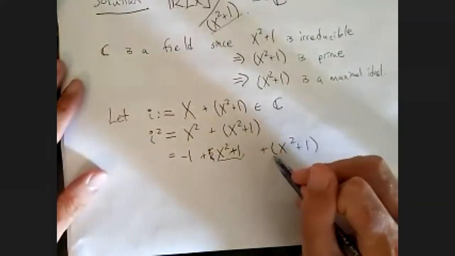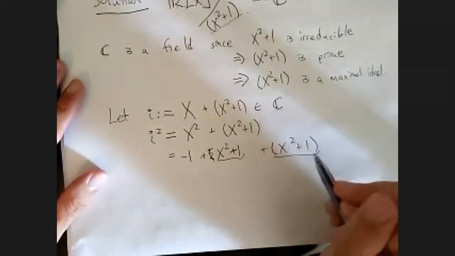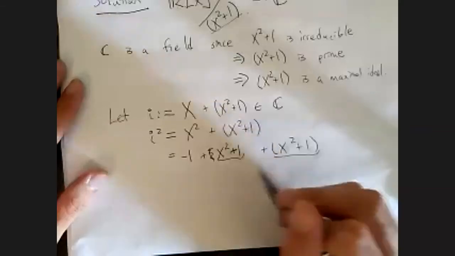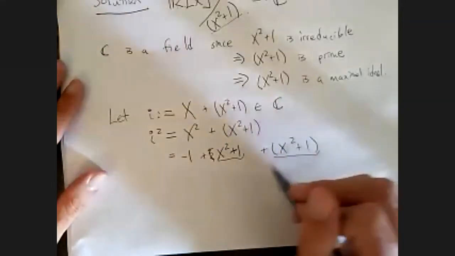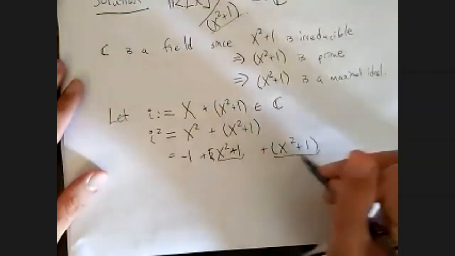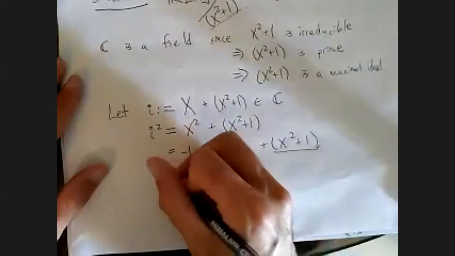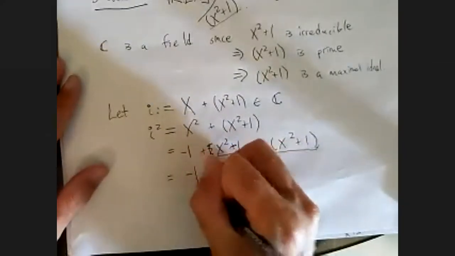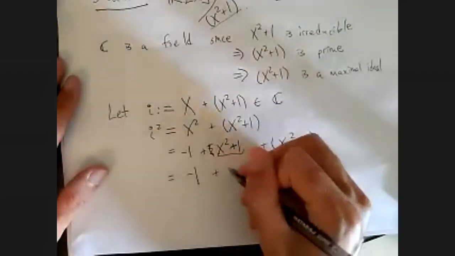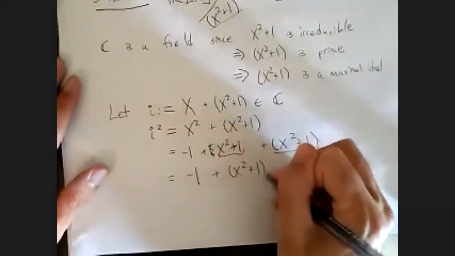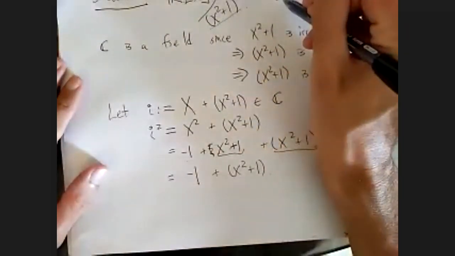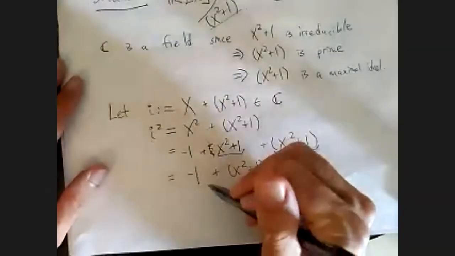And notice that this is in the ideal. In other words, x squared plus 1 is congruent to 0 mod this ideal. So this is the same as the coset of minus 1. So in the complex numbers, i squared and negative 1 are the same.